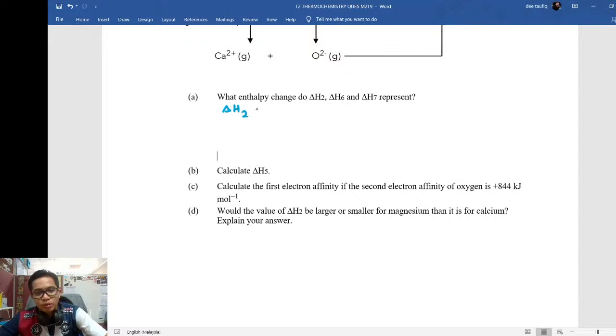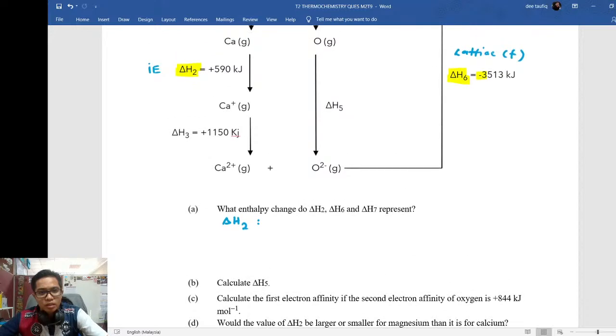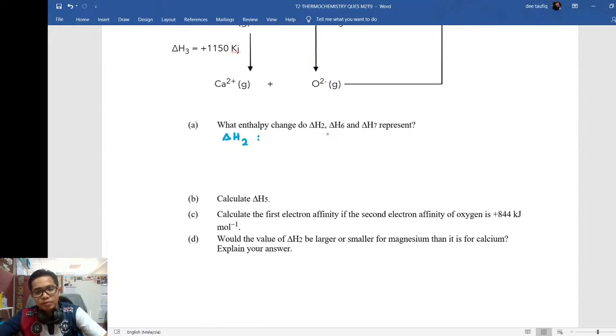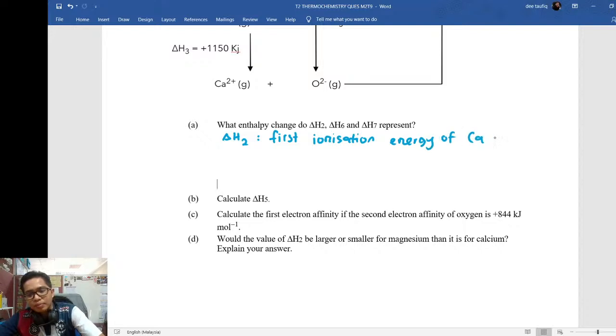Right, nah, so kita tulislah ayat penuh. Delta H2 is Ca to Ca+. First ionization energy of calcium.